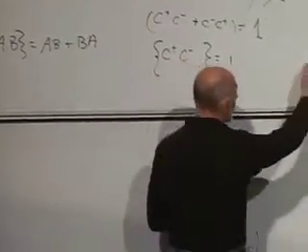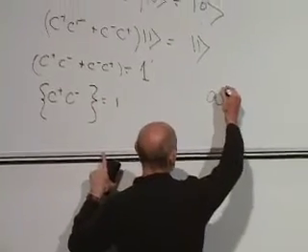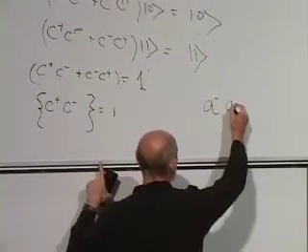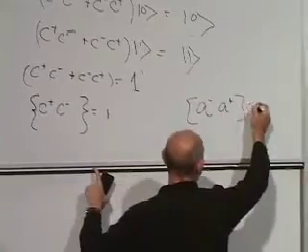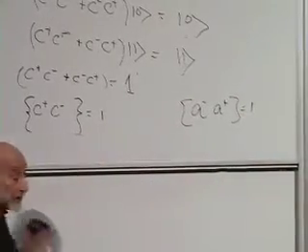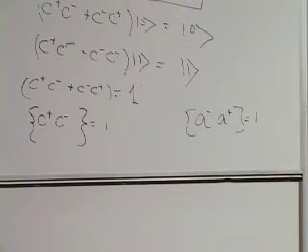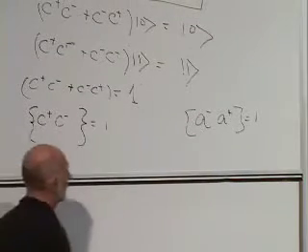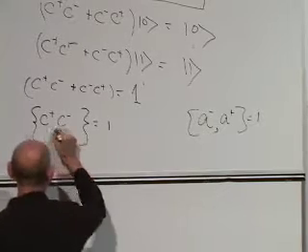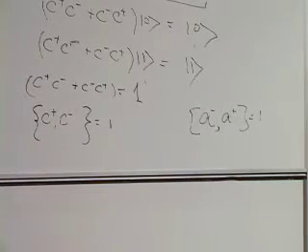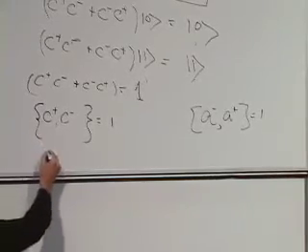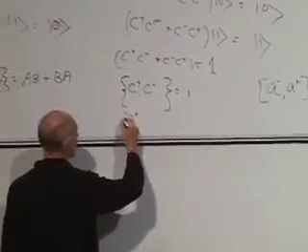This is the analog for bosons of the commutator of A minus with A plus equal to 1. It's not the same thing, but it's the analog. For bosons, it's the commutator; for fermions, it's the anti-commutator. Now, what about the anti-commutator of C plus with C plus?